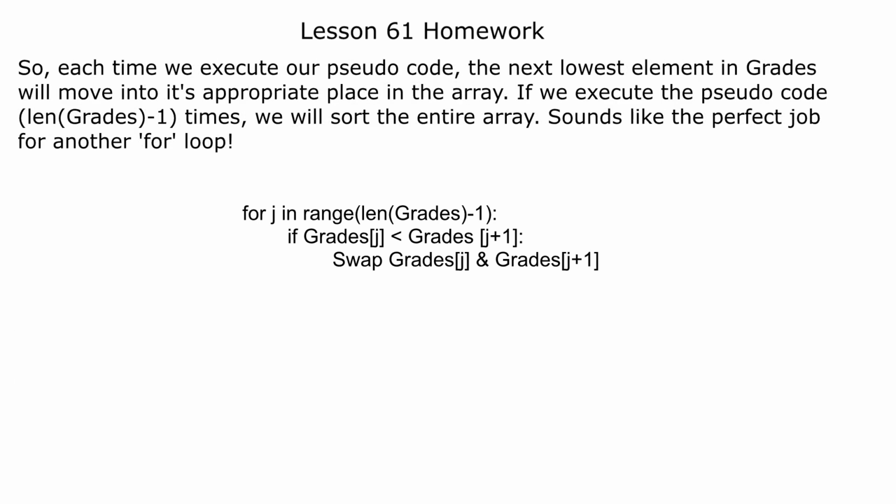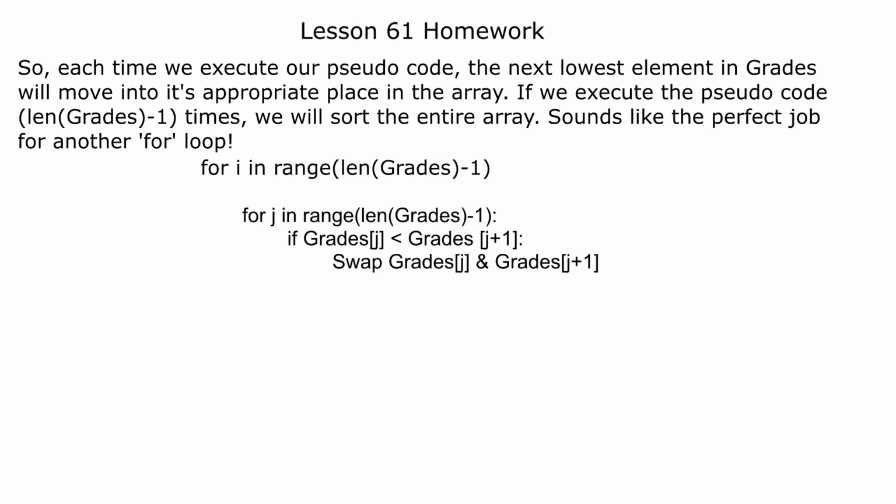So each time we execute our pseudocode, the next lowest element in grades will move into its appropriate place in the array. If we execute the pseudocode len(grades) - 1 times, we will sort the entire array. Sounds like the perfect job for another for loop.